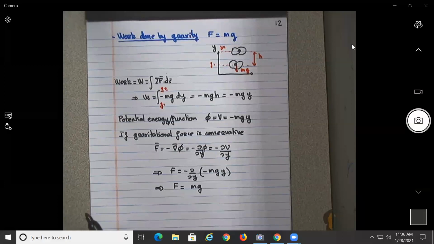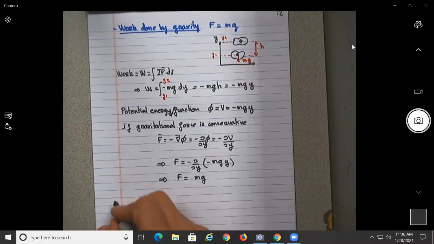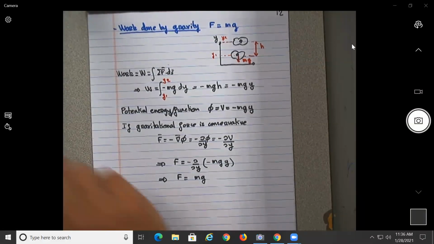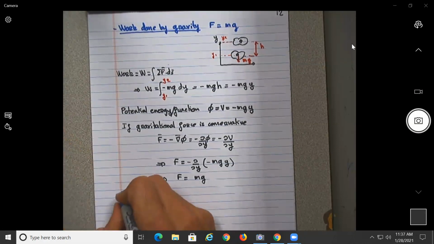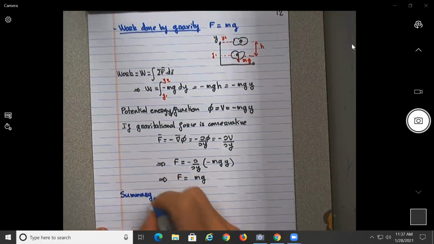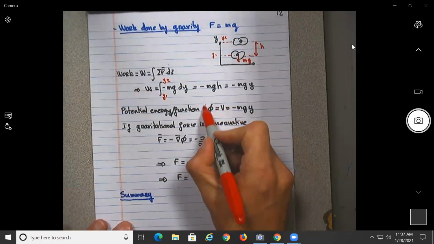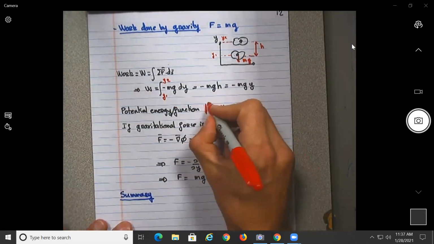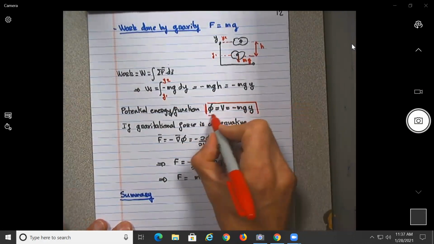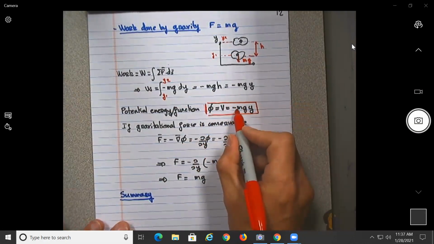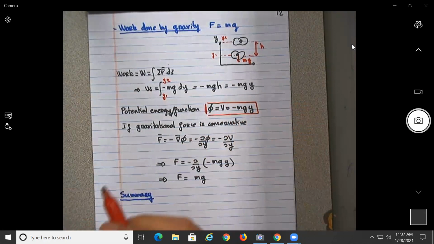All right? So here, in summary, also pay attention that you see the potential function, or what you would like to call potential energy, is equal to the negative of mgh or mgy.